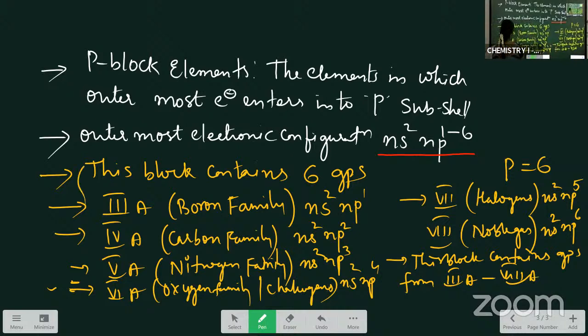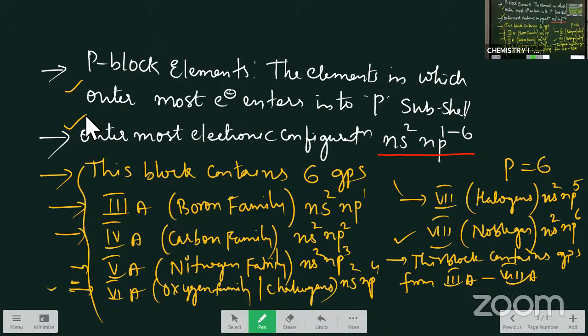You can write this in the complete lengthy form or you can write this. Okay students, please copy down fast. First write the definition, then the electronic configuration, then how many groups are in the block.